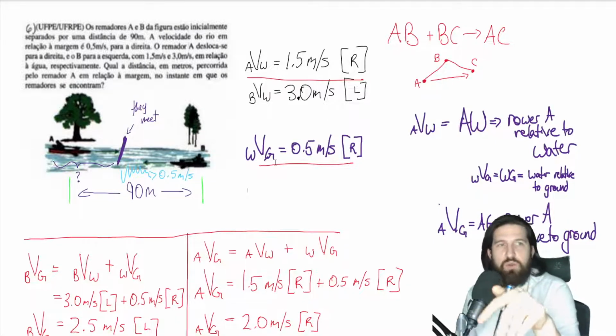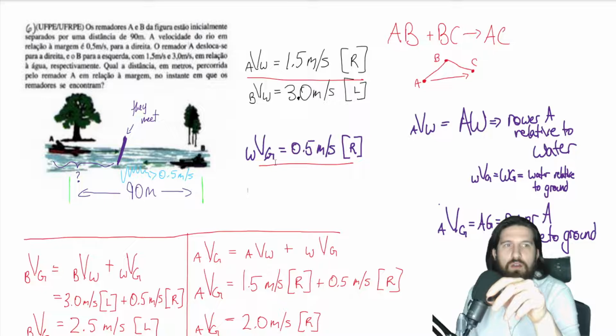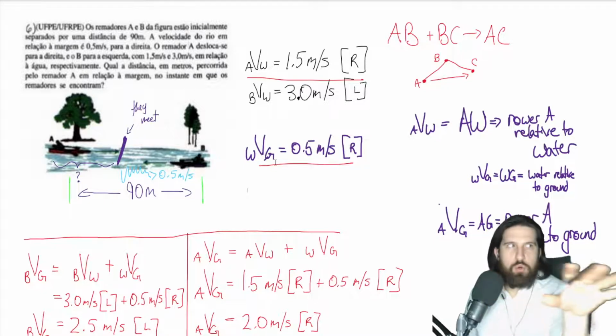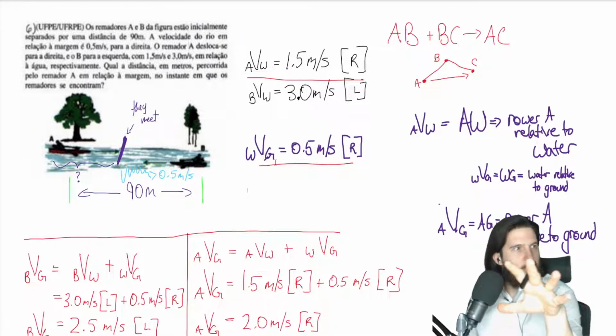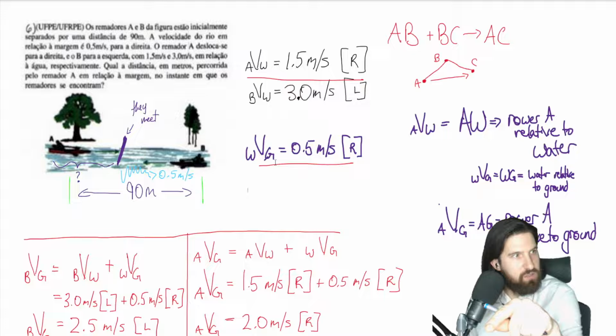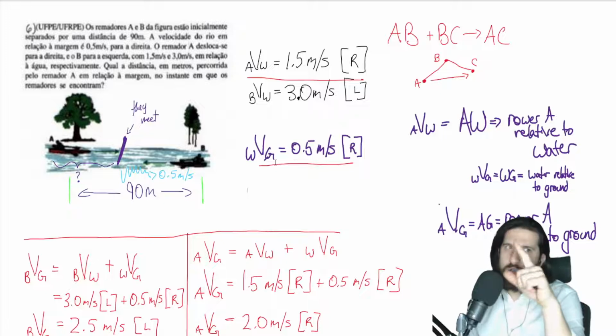If you're just coasting, if you're going really slow, right? So it's not about who's faster. It's the direction that you're going that matters, right? Are you in the same direction of the water or are you in a different direction of the water? If I'm faster, I'm in the same direction. Careful though, careful.